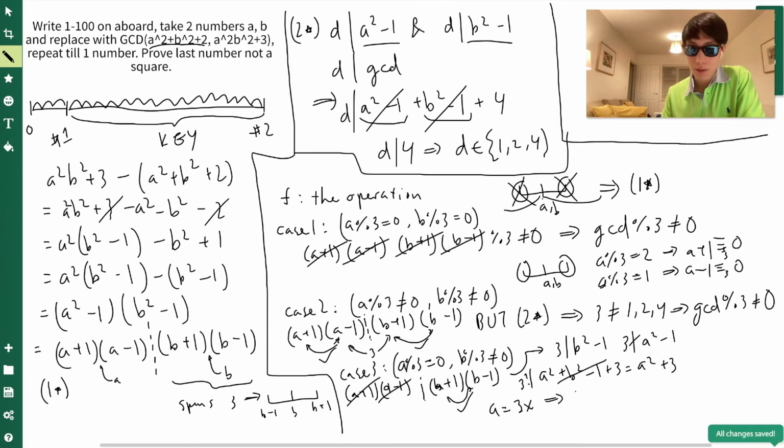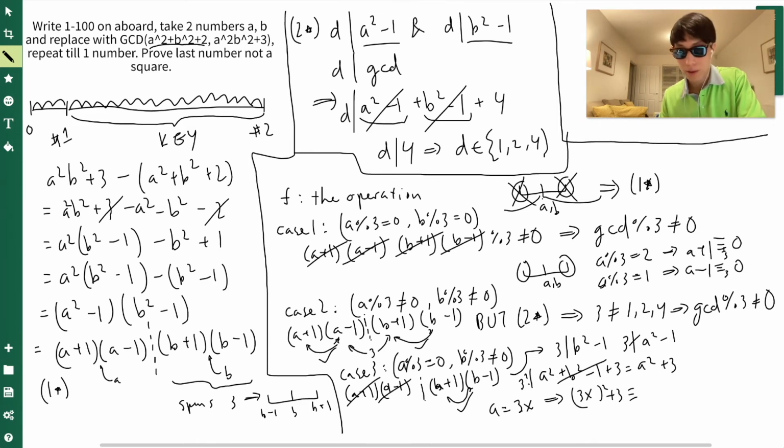And therefore 3x squared plus 3 is congruent mod 3 to 3 times (3x squared plus 1). I just factored out one of the 3's, and this is of course congruent to 0 mod 3.